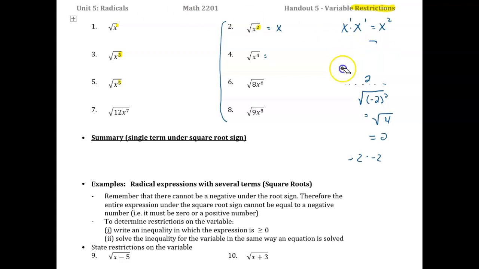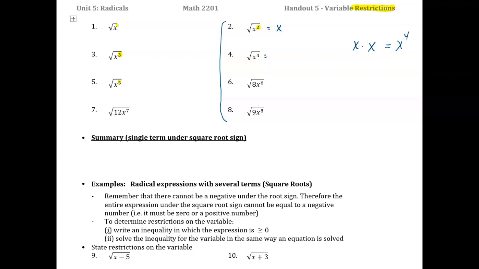All right, so let's clean this up. Okay, so what multiplies to give the square root of x to the power 4? Well, something multiplied twice to give you x to the power 4. So the same number had to add to give you 4.